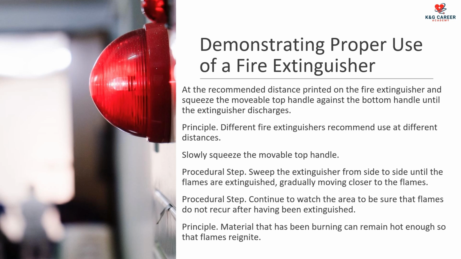Procedural step: sweep the extinguisher from side to side until the flames are extinguished, gradually moving closer to the flames. Procedural step: continue to watch the area to be sure that flames do not recur after having been extinguished. Principle: material that has been burning can remain hot enough so that flames reignite.